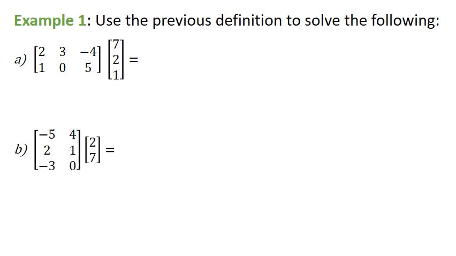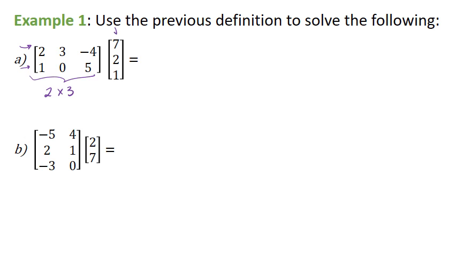So let's look at some examples here. Remember, when we are looking for the dimensions, it is always rows by columns. So in this case here, we have 2 rows and 3 columns. So this is a 2x3 matrix.